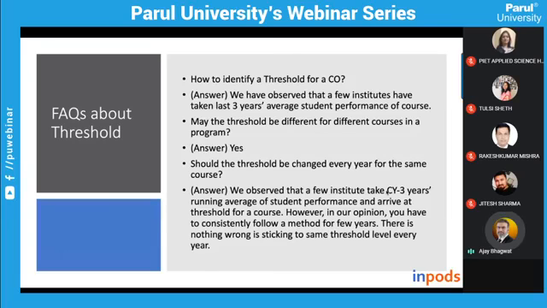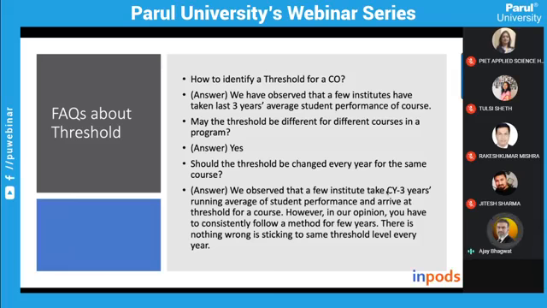Should the threshold be changed every year for the same course? My suggestion is not to do that, because when it comes to longitudinal analysis, finding out the trends, and finding out some common hotspots which you are observing each year, then that might get affected. If you change the threshold value, the percentage of the students who are above the threshold value changes, and that will confuse you whether or not there was any performance change, right?